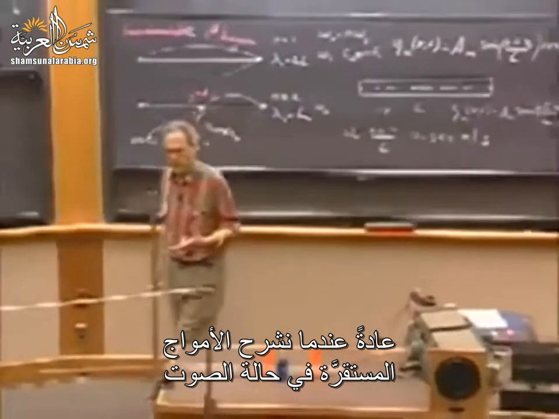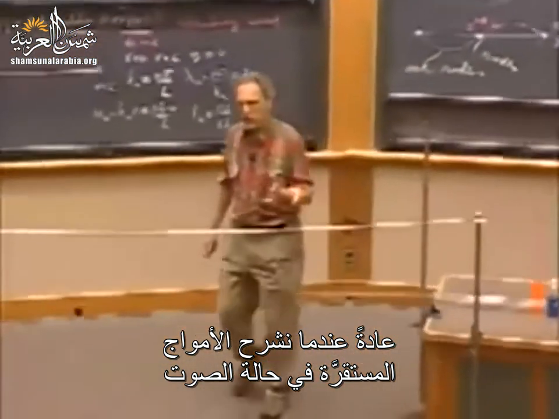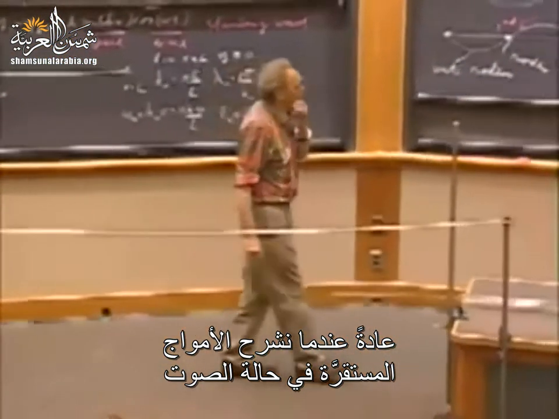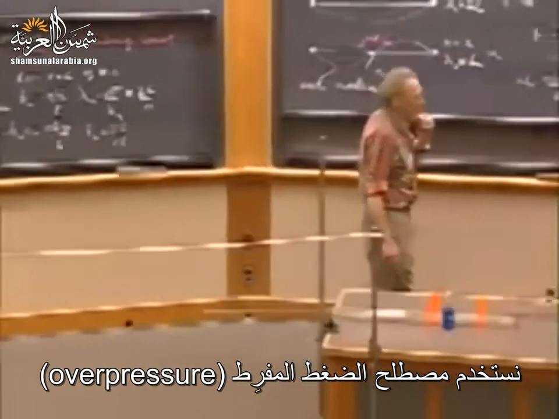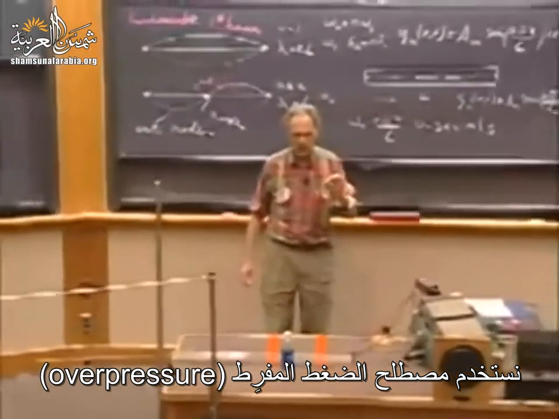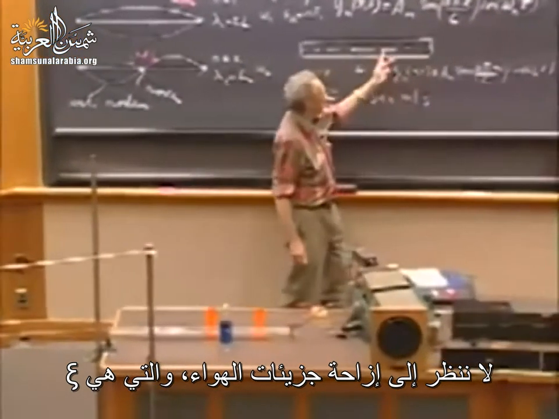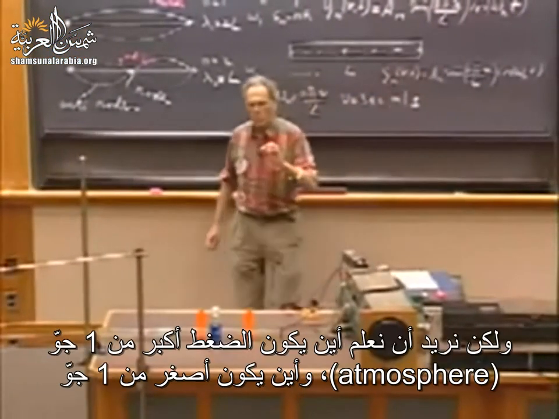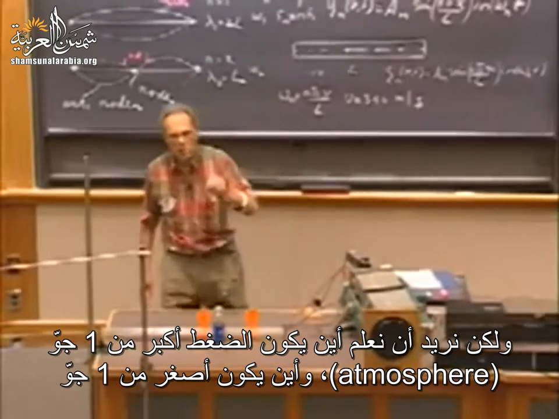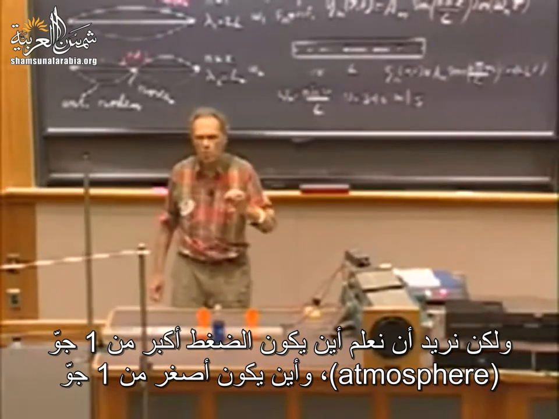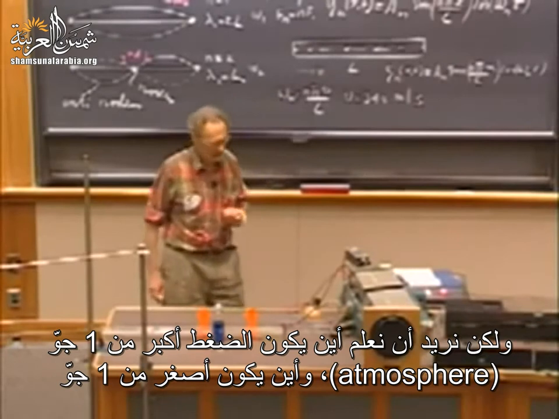More often than not, we express the standing wave in case of sound in terms of overpressure. So we don't look at the displacement of the air molecules, which I did here, which is psi, but we want to know where the pressure is larger than 1 atmosphere and where it is lower than 1 atmosphere.